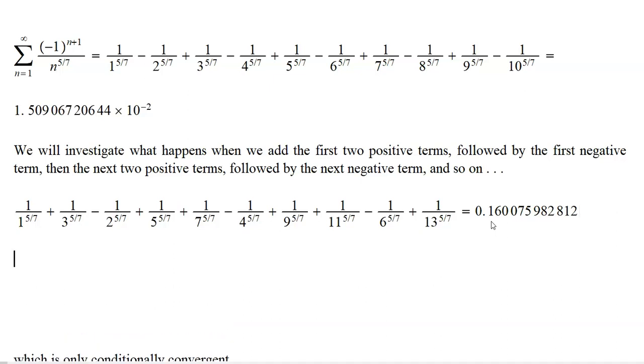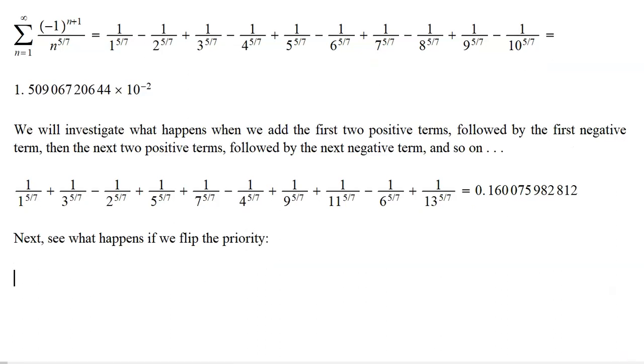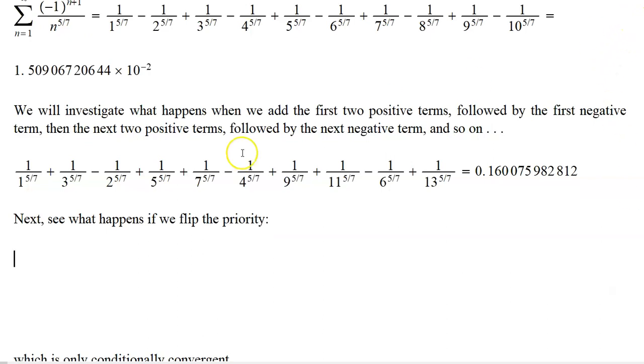Okay, so, speaking of which, they're going to say, hey, wait a minute. Okay, what about us? Let us play. So, next, see what happens if we flip the priority. Okay, in other words, we're going to let 2 negatives in, followed by 1 positive.